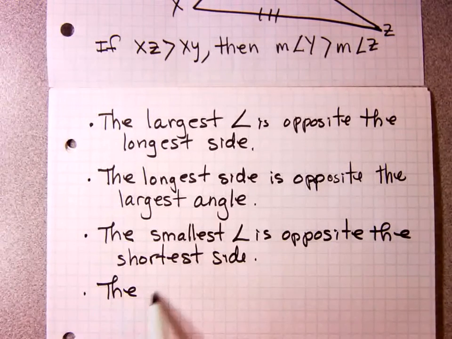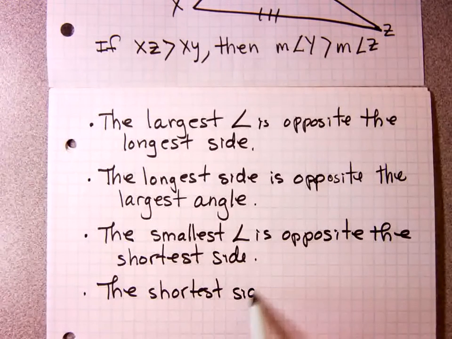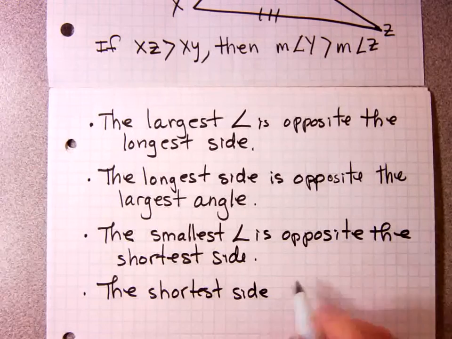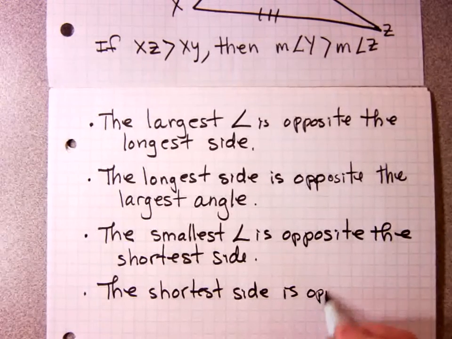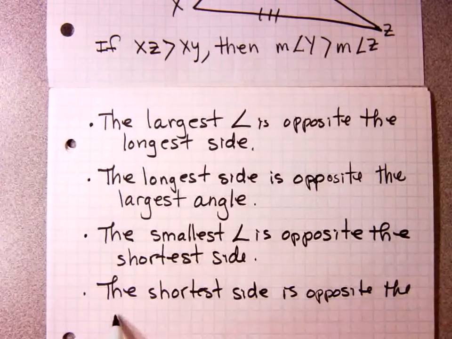And the shortest side is opposite the smallest angle.